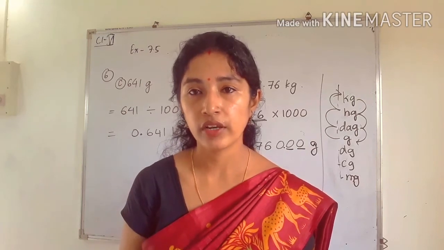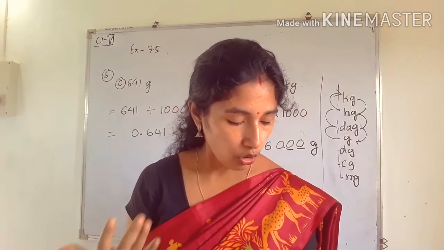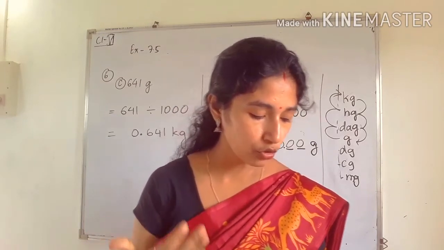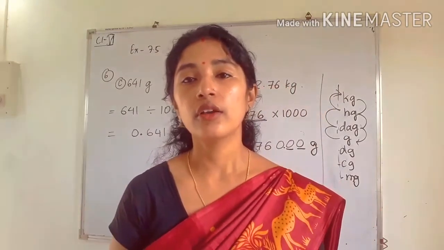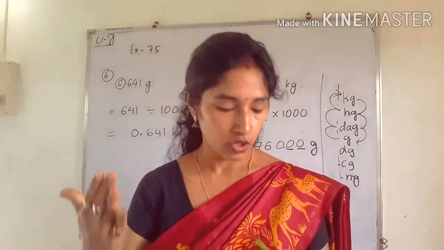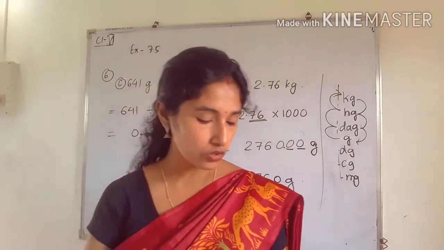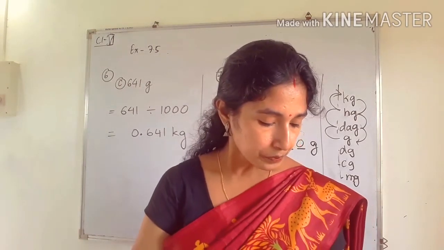Then how much change will you get? That means you have to subtract. You have to subtract the cost of the pen, that is 67.40, from 100. So 100 you can write as 100.00 because you have to make them like decimal numbers. So 100.00 minus 67.40. Okay students, so try to do this question.